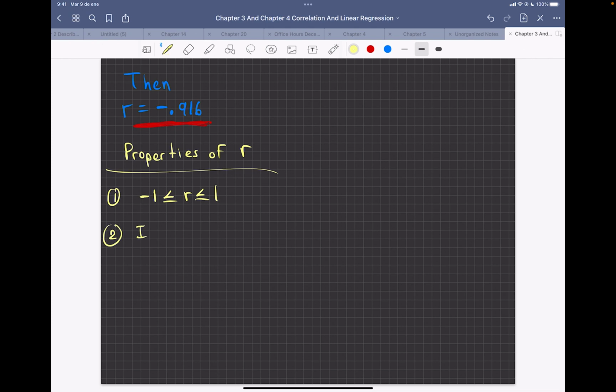Number two, if R is positive, then this means there is an increasing relationship between X and Y. This means that as X goes forward, then Y goes upward.